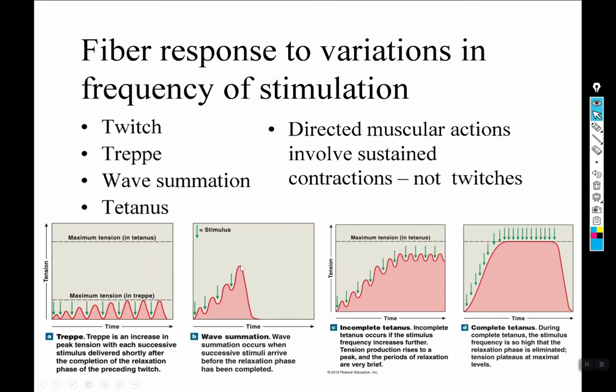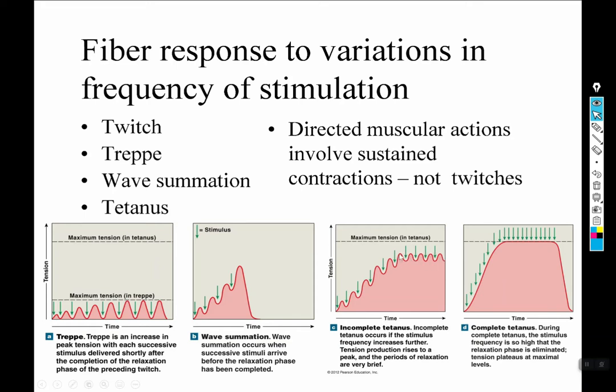Incomplete tetanus is when the stimuli are arriving from the motor neuron so frequently that we get the additive wave summation, but then we reach this maximum tension, and unless the stimuli come closer together, we just stay at this plateau where we have high tension generated and only small fluctuations away from that high tension in between stimuli.